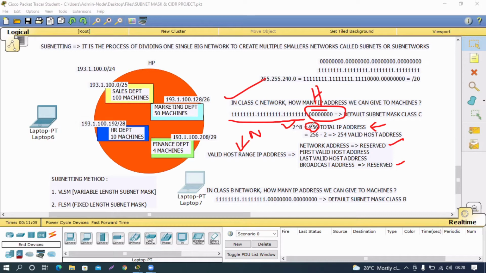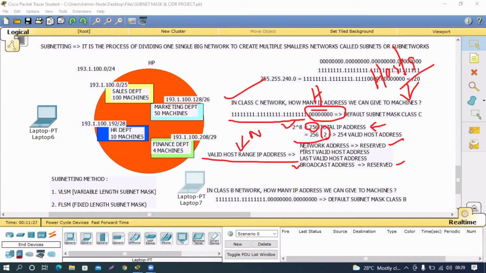Since we are talking about how many IP addresses we can give to machines, meaning hosts, we're specifically talking about the range from the first valid to the last valid host. So whenever you need to find the valid host range addresses, always subtract 2. This 2 comes from the network address and the broadcast address.